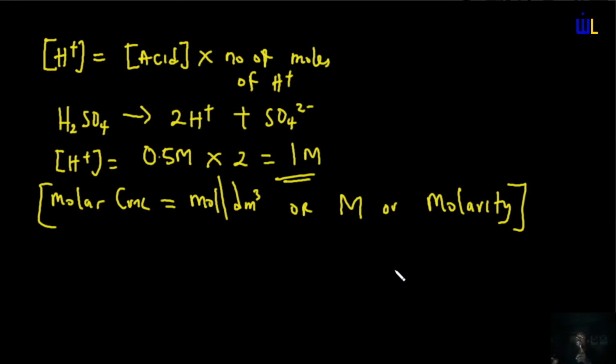Whenever you see capital M or mole per dm cube, it indicates the molarity or molar concentration. If you see a question where they said 0.5 moles, this is not a concentration, it's simply the amount in moles. So you will need to dissolve it in a solvent or in water to get a concentration. We are still going to get to those parts, but so far I presume we understood this.